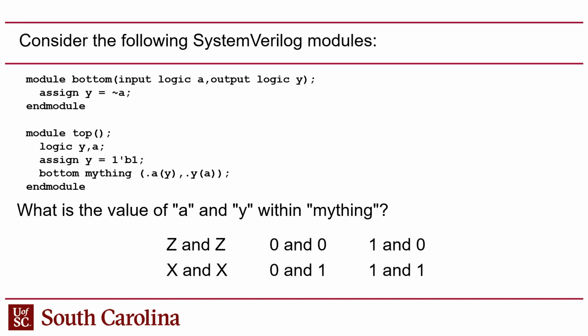Okay, so this gets confusing because of the renaming. So we have A and Y in bottom, or actually in my thing, because that's what bottom is called when we instance it here. And we have A and Y inside top. The problem is that when we instance my thing, we connect my thing's A, so we connect the port A to the signal Y inside top.